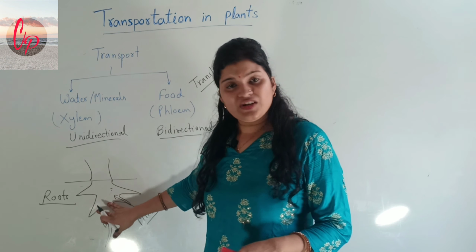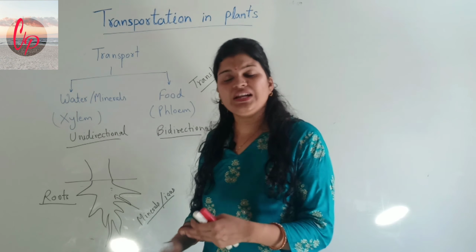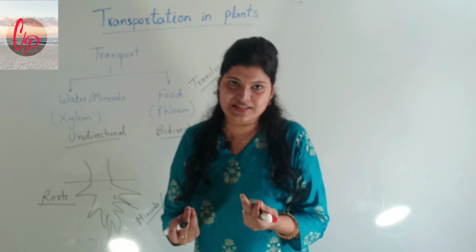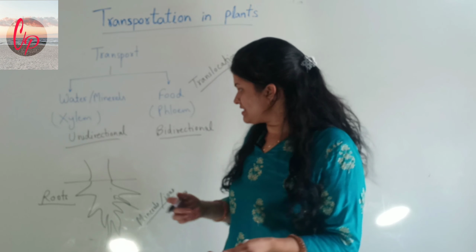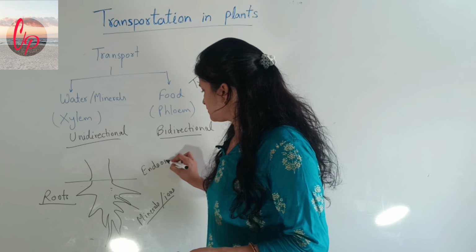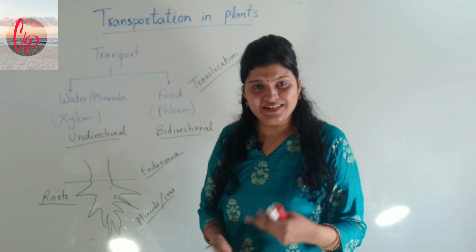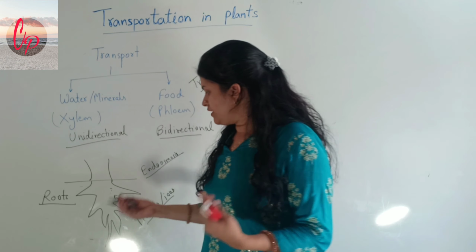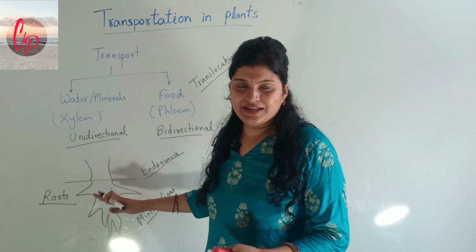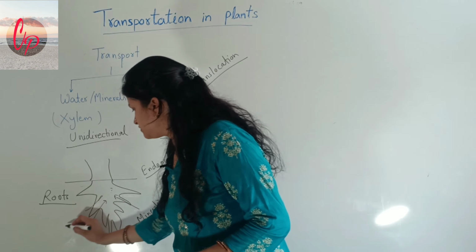So as the concentration of water will be decreased here, water will automatically move inside with the help of a process that is called endosmosis. So a concentration gradient is being formed for the water, so it will be transported from outside to the inner part of the plant. So water will come here.